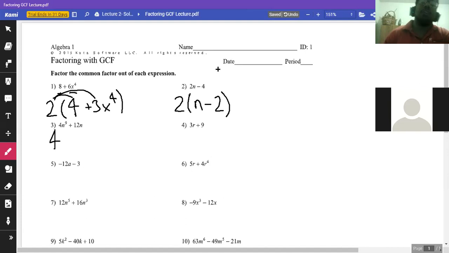Can I pull anything else out besides just the number 4? What about the letter n too? Okay, so 4n times what gets me 4n to the 9th? Anybody?